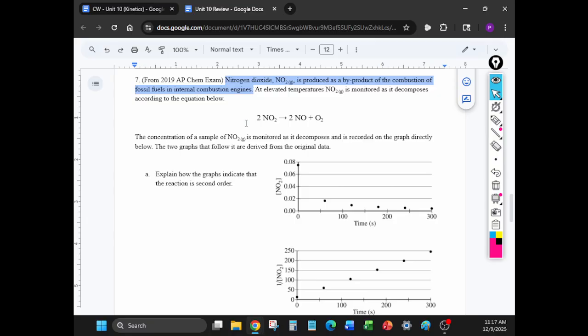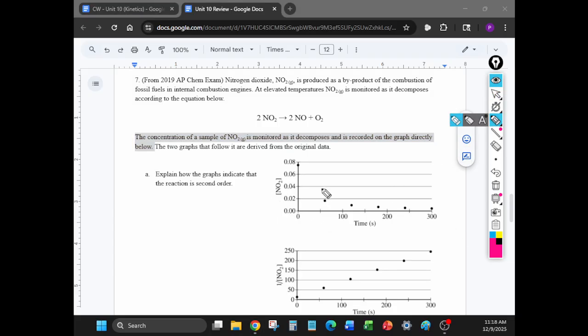In internal combustion engines, NO2 is created, and it decomposes when it's really heated into these two products. And then it tells us the concentration of NO2 is monitored as it decomposes and recorded on the graph. So these graphs are basically telling us the concentration of NO2 over time. And if you look right here, it is an exponential decay. You guys see over time it goes down.